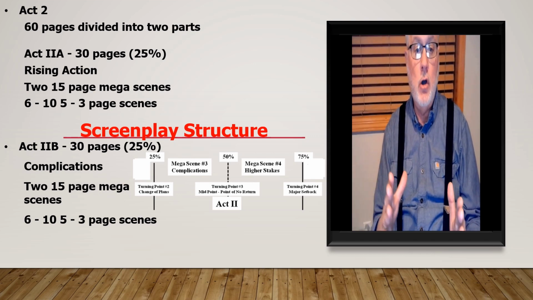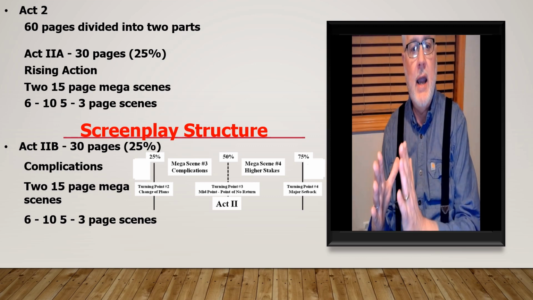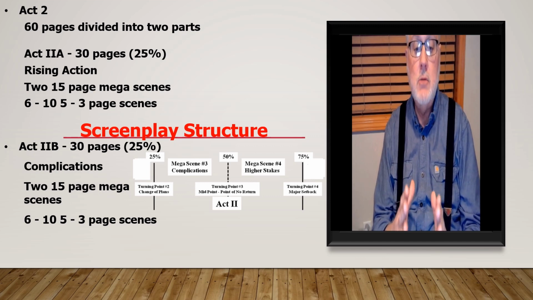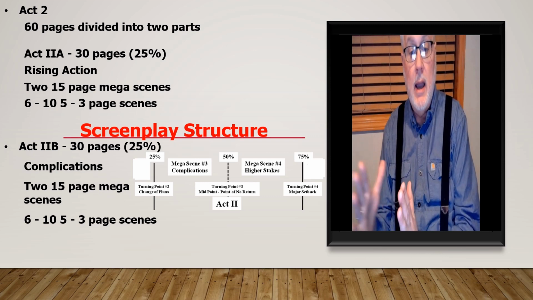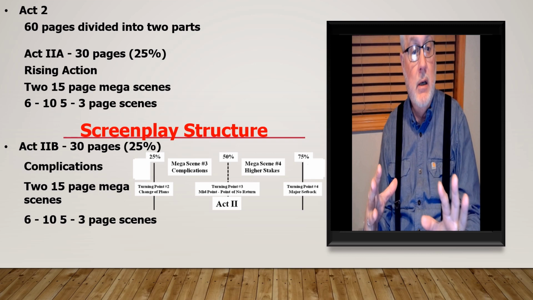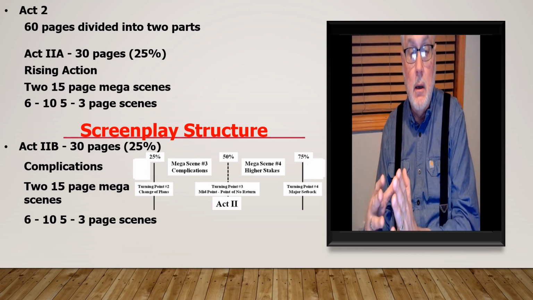In other words, you're going from 60 pages maybe to 70 pages. But your second act has to include at least these two mega scenes where you have complications, a midpoint, and higher stakes.